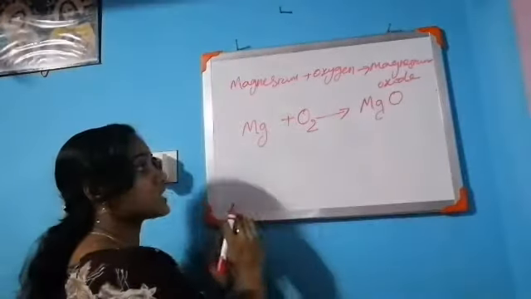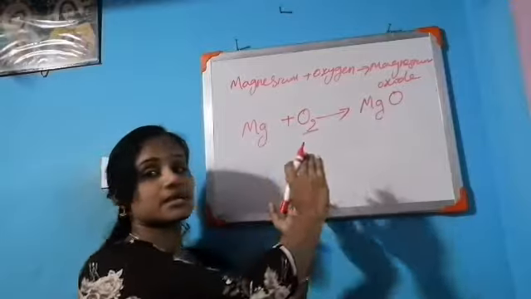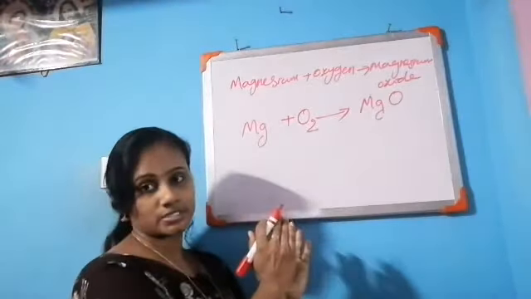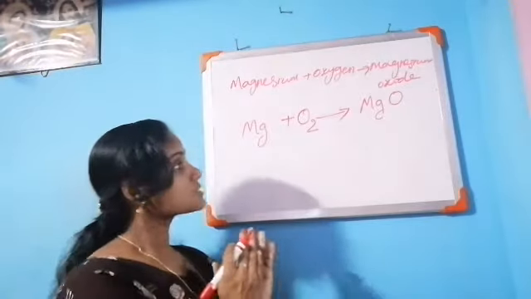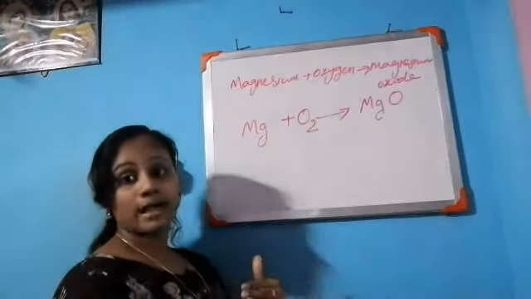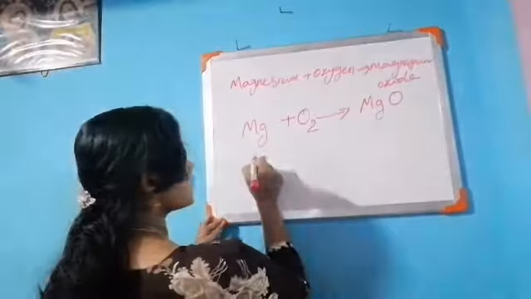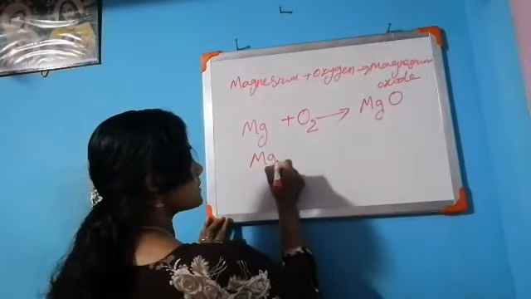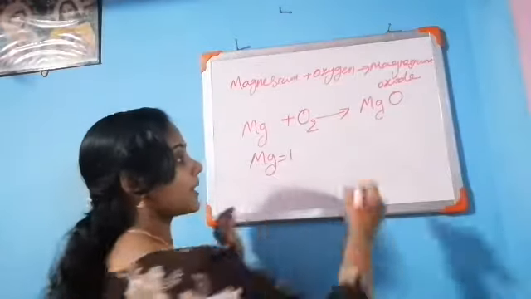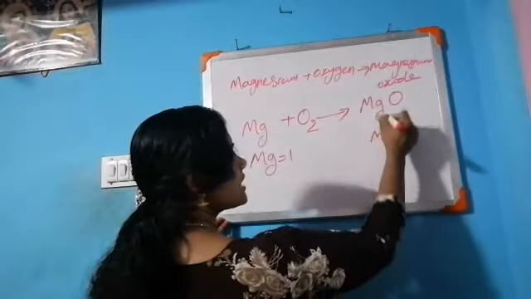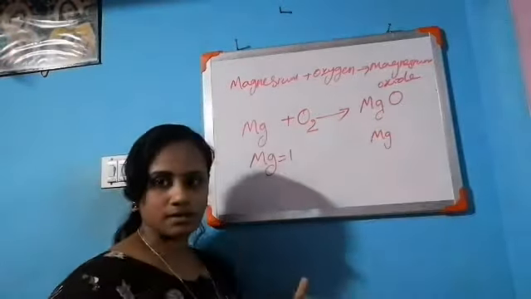Then left side. So this equation is the skeletal equation. So how can we balance the equation? Here on the left side, the reactant side, magnesium is equal to 1. Is it clear? Product side, magnesium: nothing is written, which means 1.